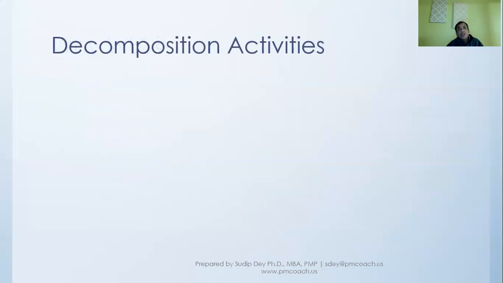Now, when we get into creating the WBS, we go through the decomposition process. And let's see how we move through as we do the decomposition of the work package.